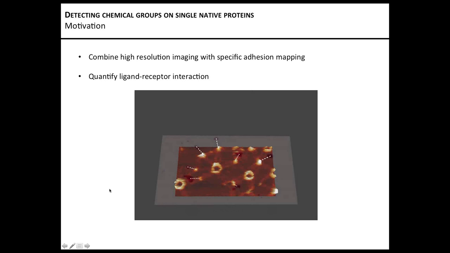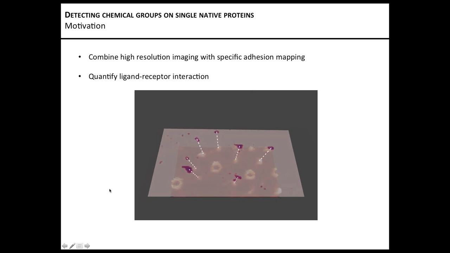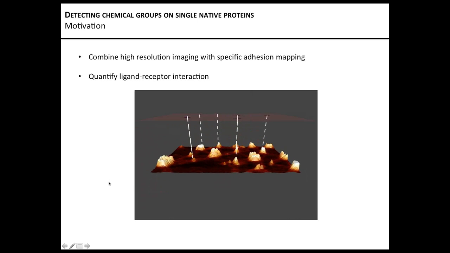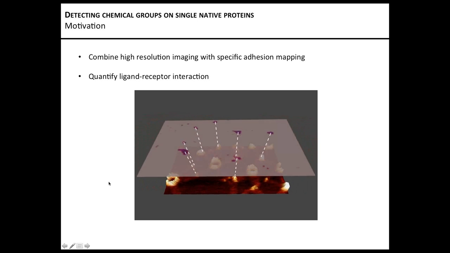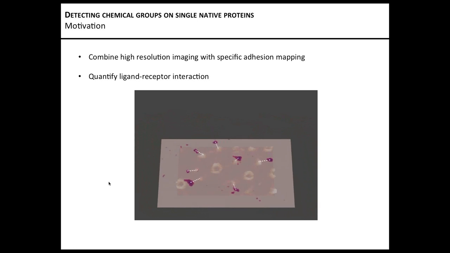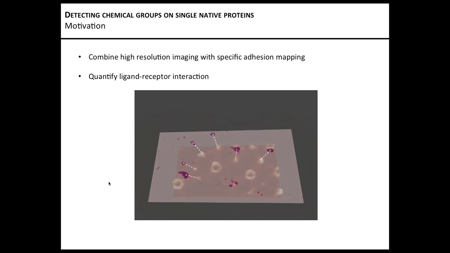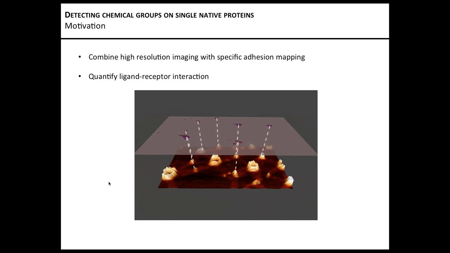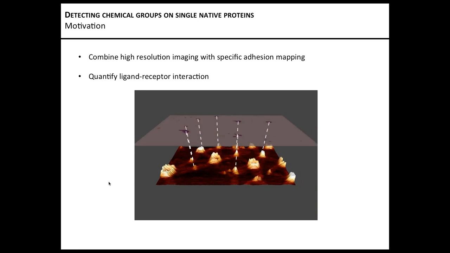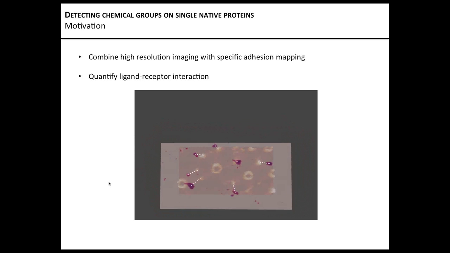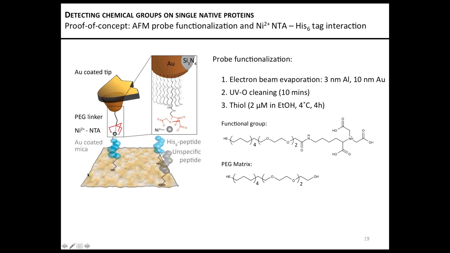What you see here is basically a desired result. You can see a high resolution topography of a native protein, and on top of that you have a specific adhesion map which is indicating the single receptor sites on this native protein. For these studies, we again started with a nickel-NTA his-tag interaction system.